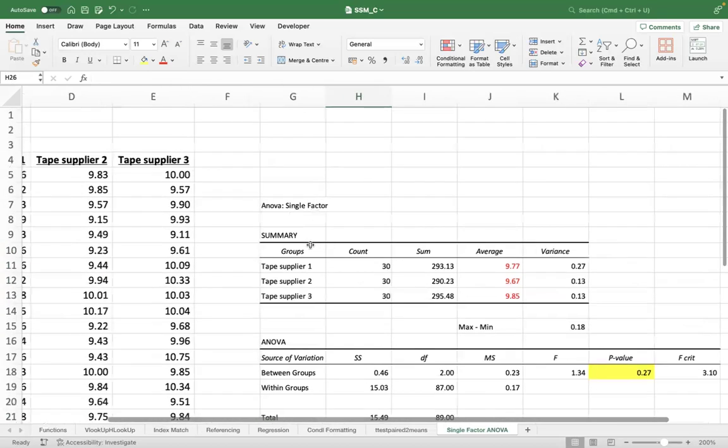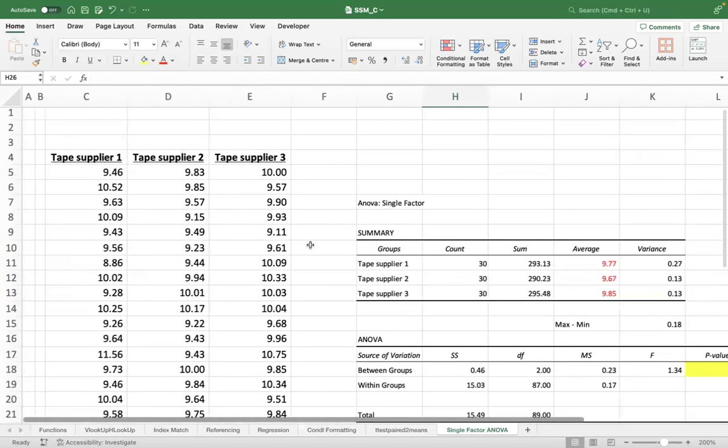But the question here is, will you take a decision based on just this single factor ANOVA or not? Now it depends. How big a deal is this particular difference for you?